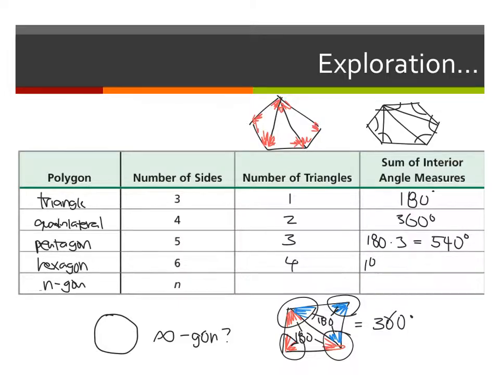That's because there are 4 triangles in the hexagon, or any hexagon. It doesn't mean that you have to split it up just like that. You can even split it up like this, right? Still, the interior angle measures of the triangles cover the interior angle measures of the hexagon.